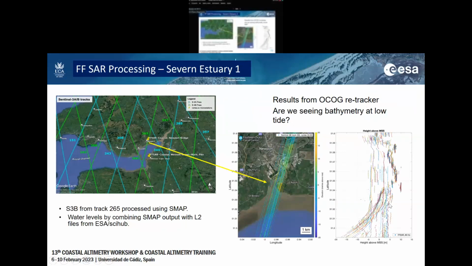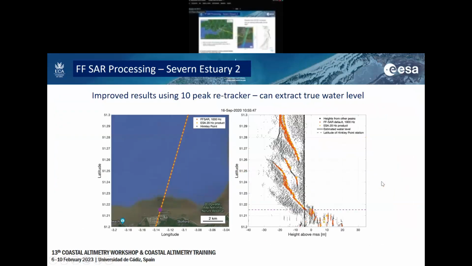Sorry. So those heights were retrieved using the OCOG read tracker. But then there are various options, and when we looked at retrieval, you can get up to 10 peaks out. So when we looked at the levels from all 10 peaks, we found that actually you could retrieve the true water level along track, and you can pick out all of these off nadir reflections.